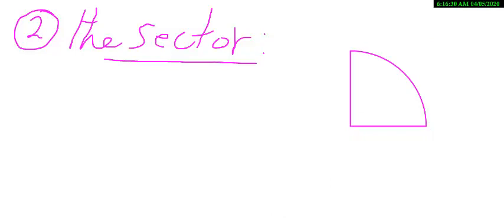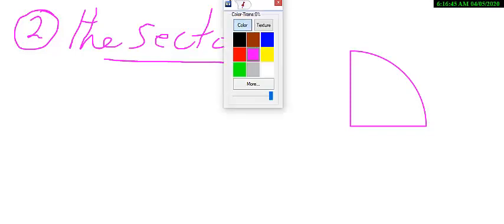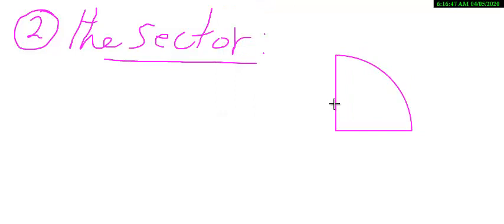The sector, as you look here, is bounded by two radii and a part of the circle, which is called the arc. So this is radius, so I'm gonna change the color. This is one radius.